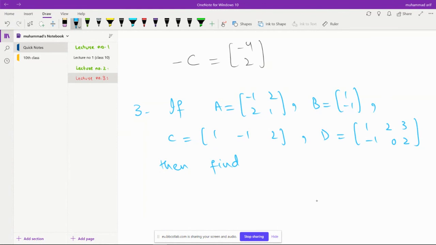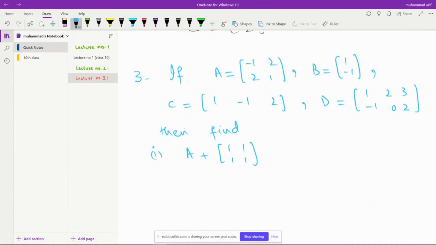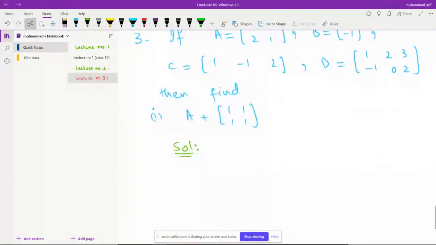the first part. The first part is A plus [1 1; 1 1]. Here we solve the first part, which is A added with the other matrix [1 1; 1 1]. Now here we add these two matrices.